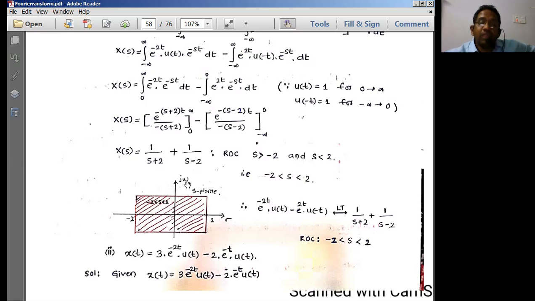Plus you have to add these two now, and for this s minus 2 should be less than 0. That means the real part of s, which is sigma, should be less than 2. Sigma would be less than 2. Okay, so it is something like sigma minus 2 less than 0.